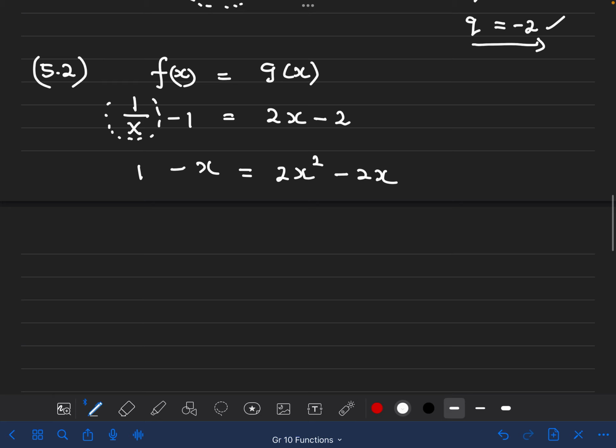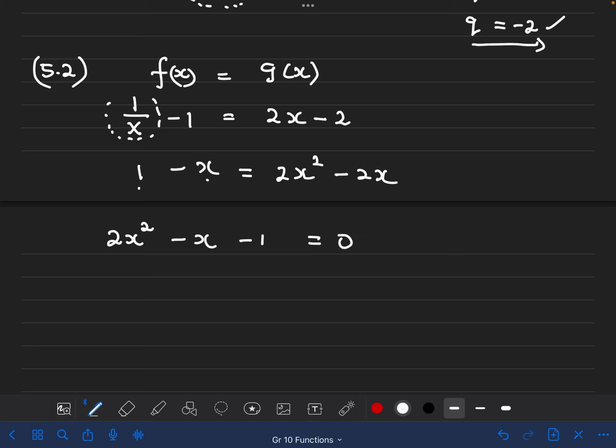So now we're going to have 2x squared. We bring this minus x across, then that's going to be minus x. We bring this positive 1 across, that's going to be minus 1. So all of this is equal to 0.